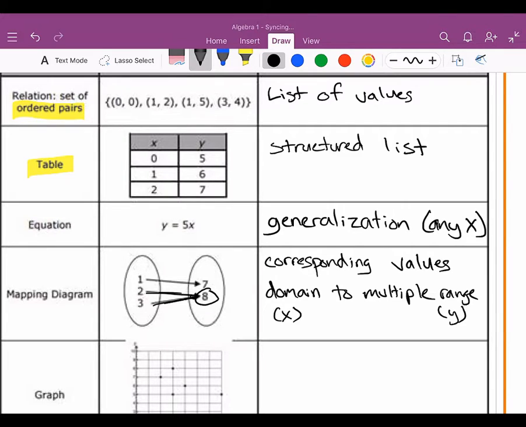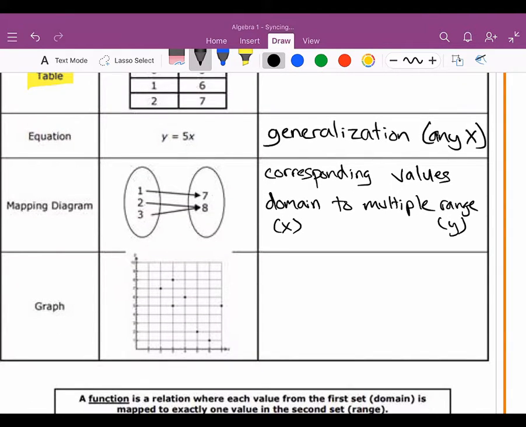That's what this is useful for. It'll take away those multiple values, and you'll know what my y values are, just 7 and 8. Even though 8 may be repeated, the good thing about mapping is you know that the only values are 7 and 8. You can tell your range is 7 and 8. Even though 8 or any number could be shown multiple times, you know the only values you'll get for y are 7 and 8.